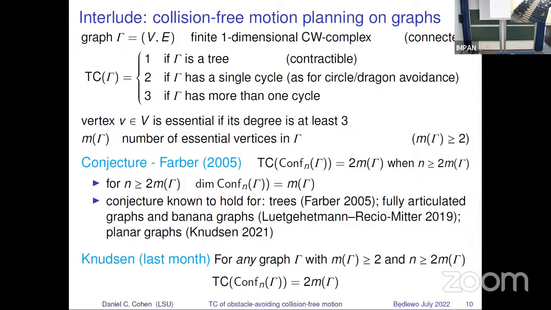It's easy to compute the topological complexity of a graph, or of configurations of one robot in a graph. You get one if the graph is a tree, which is contractible. You get two if you have one cycle. So this is essentially the circle calculation that we were talking about earlier. And if you have more than one cycle, you have topological complexity 3.